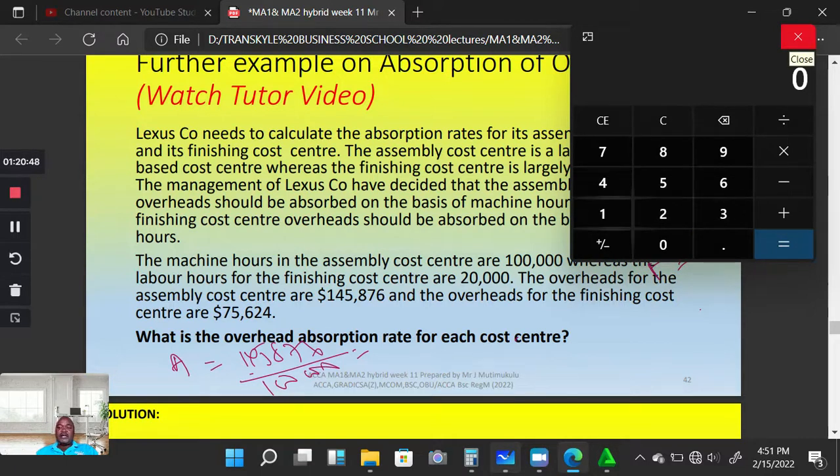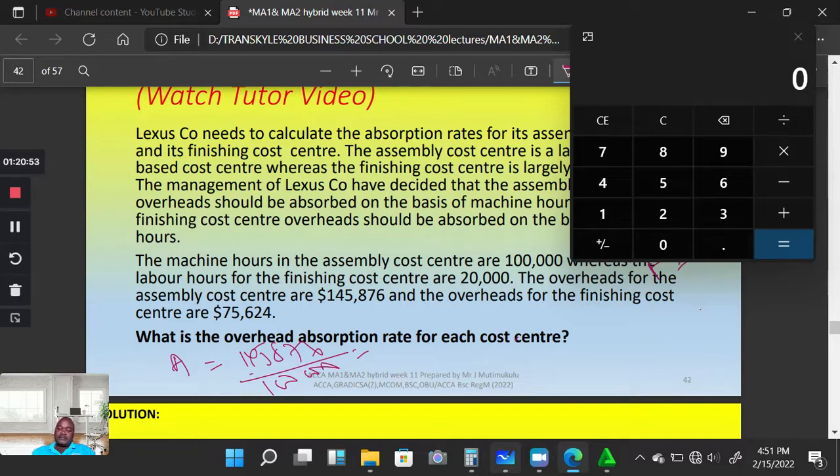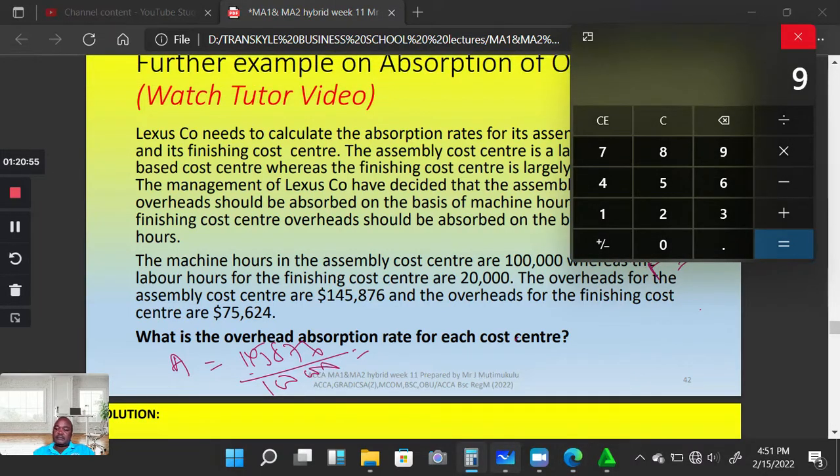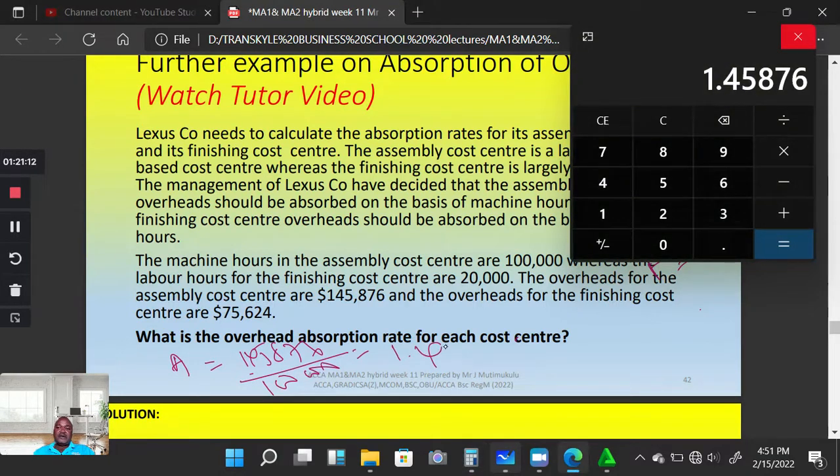Okay, we're going to say $145,876 divided by 100,000. That's $1.46. Okay, and then for F, it's going to be the overheads for finishing.